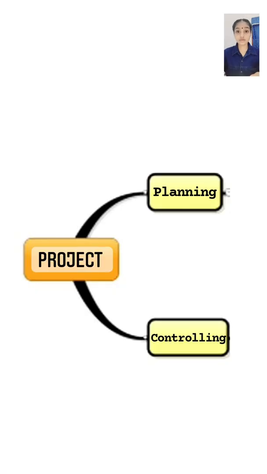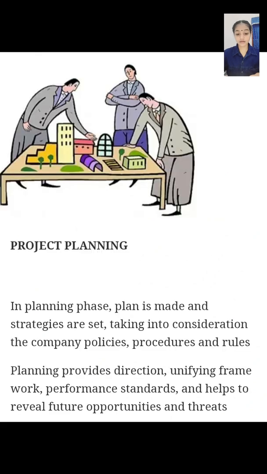The fourth process is project planning and controlling. In the planning phase, a plan is made and strategies are set, taking into consideration the company policy, procedures and rules. Planning provides direction, a unifying framework, performance standards, and helps to reveal future opportunities and threats.